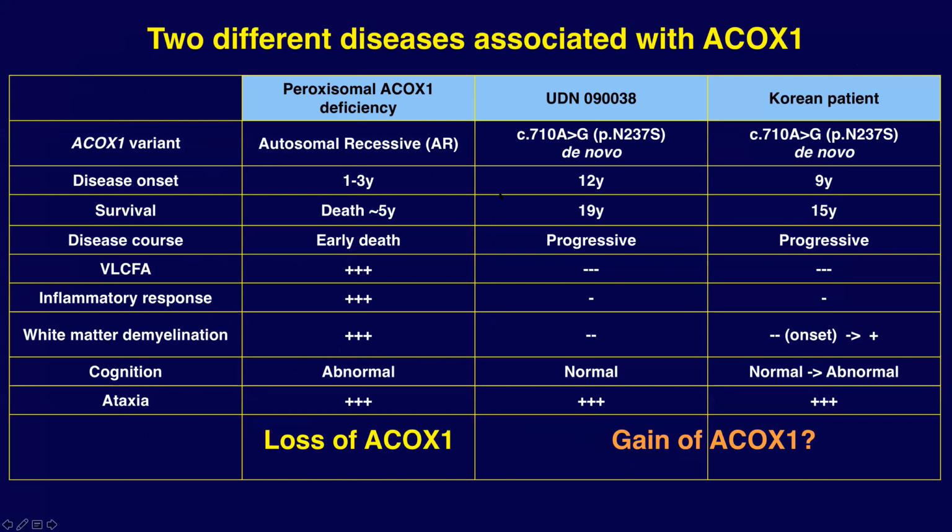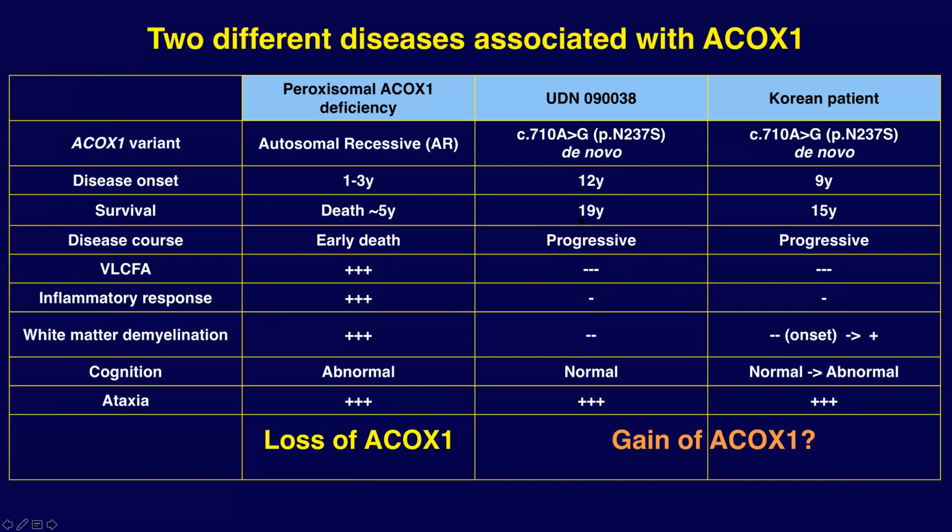The patient that was submitted to the UDN had a single amino acid change, N237S. He was a boy who, at the age of 12, gradually started developing an ataxia and recently died a few months ago. He did not have an increase in very long chain fatty acids, and you would surmise that if you lose the enzyme that shortens very long chain fatty acids, you should have an elevation of very long chain fatty acids, as is observed in the deficiency.